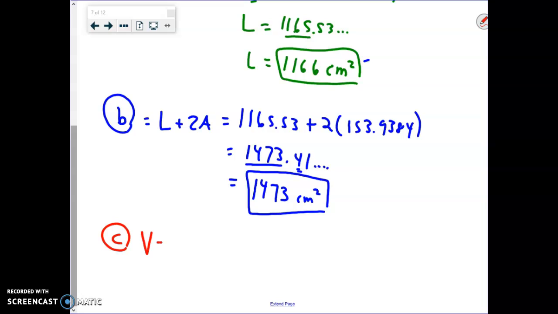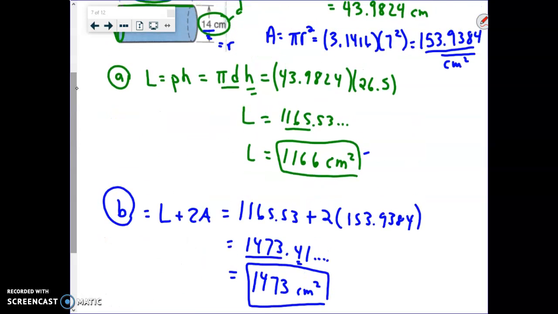Well, volume, remember, was the area of the base times the height. Now, you may see it written as this, pi r squared h, because pi r squared is your area of your base, that's A, times your height. Well, we already know the area of the base, we just found it back up here. It was 153.9384.